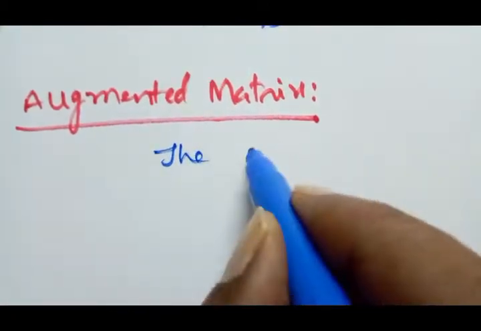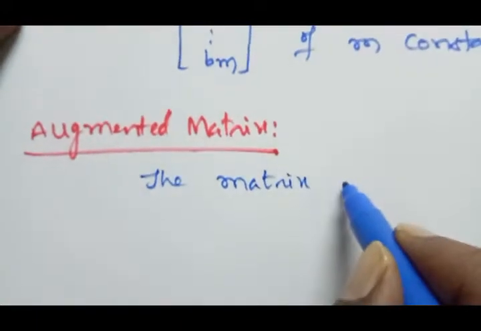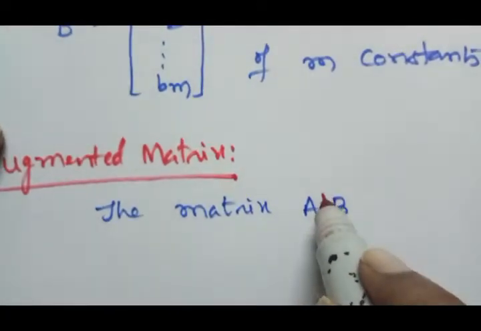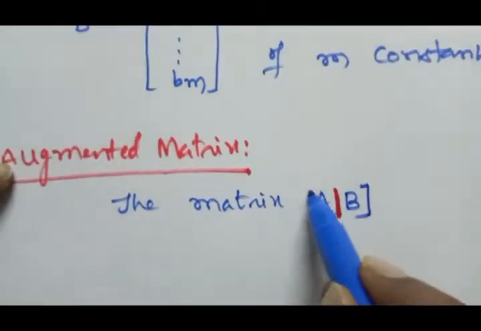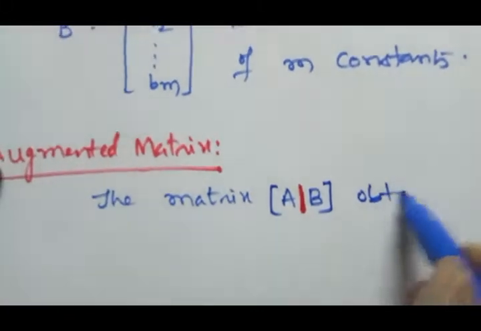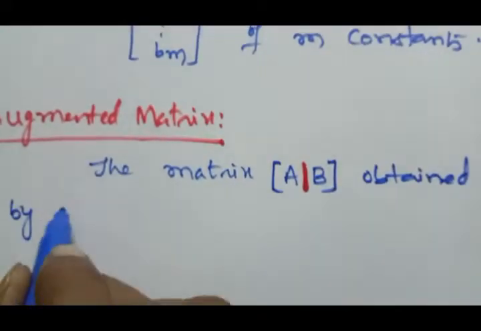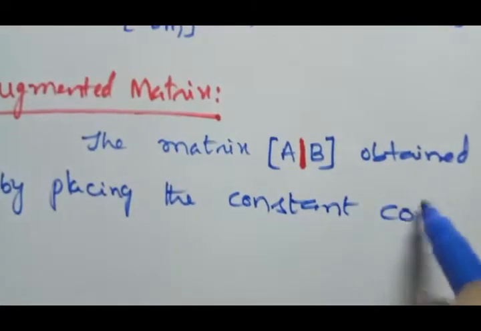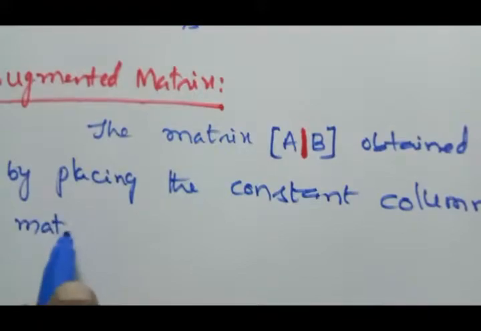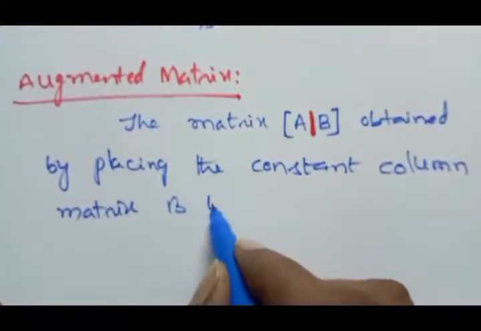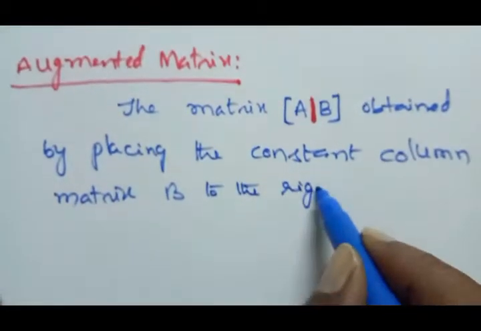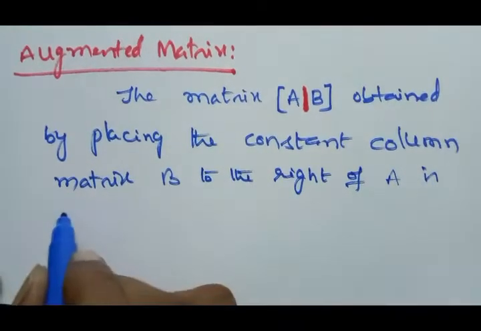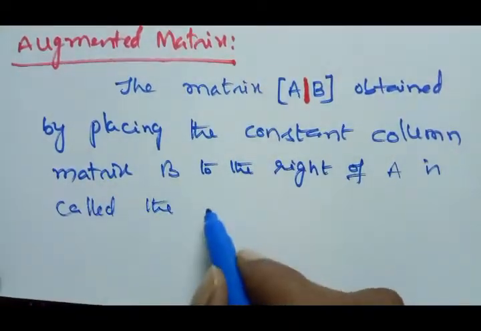The matrix [A, B] obtained by placing the constant column matrix B to the right of A is called the augmented matrix.